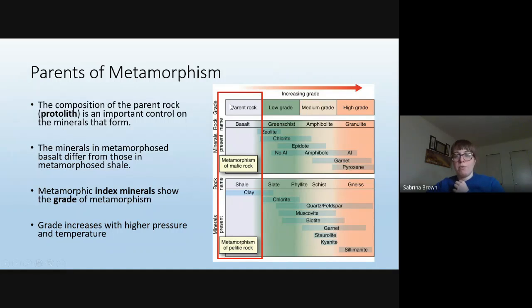For example, if we see a metamorphic rock that has no aluminum amphibole, epidote, chlorite, and zeolite, we know that it is the metamorphic rock called greenschist. If we see a metamorphic rock with largely chlorite, maybe some clays, quartz and feldspars, and our micas, we know that that is a slate. These index minerals only show up at certain temperatures and pressures, and so we can use them to understand how metamorphosed the rock is.